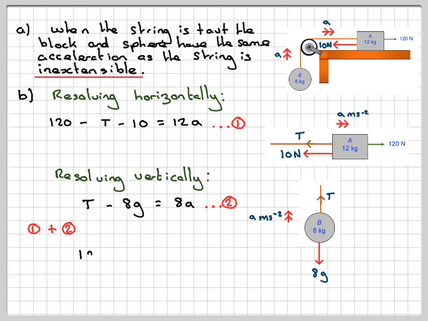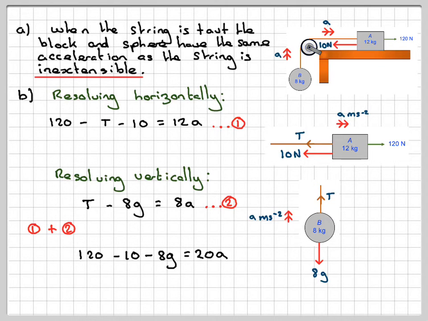So we're going to get 120 minus T plus T gives you nothing. We're going to get minus 10 and minus 8g, and then 12a plus 8a will make 20a.